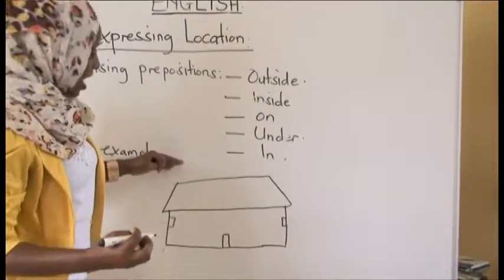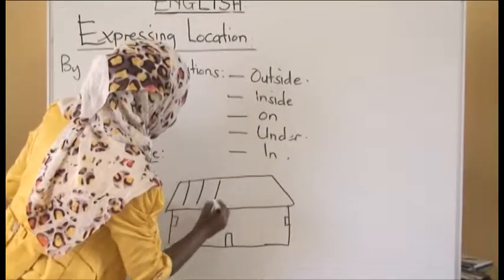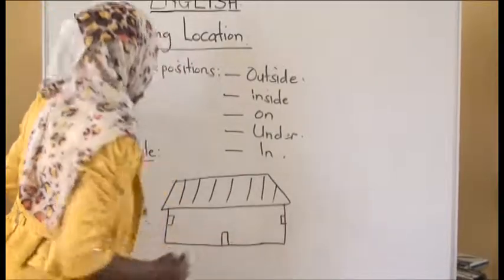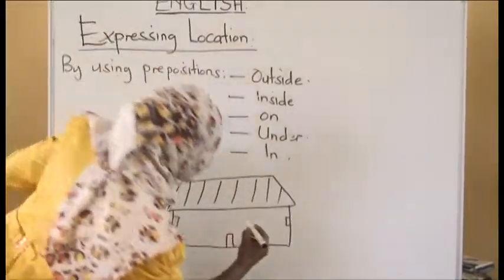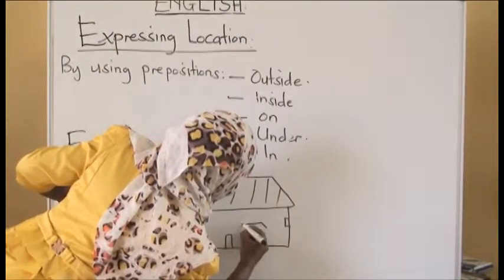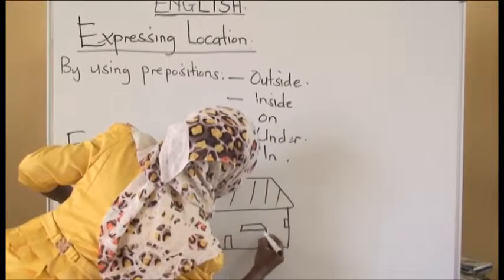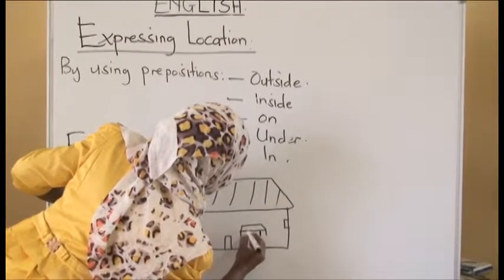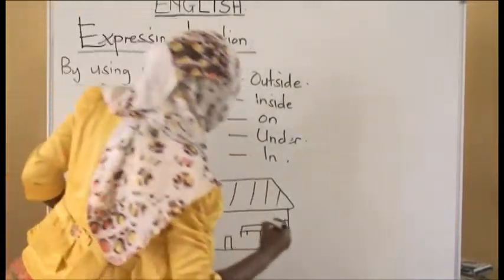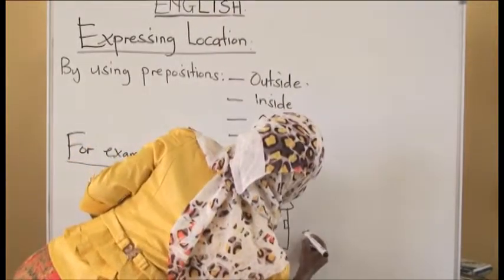This is our house. It's a very simple house. So in this house here, we have a table. But here, we have a tree.